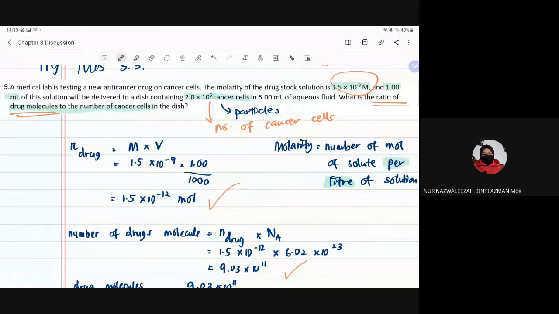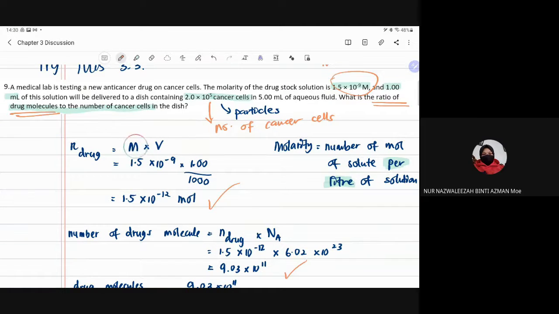So what we do is we find the number of mole of drug molecule. So nak cari number of mole of drug molecules, kita gunakan molarity dia which is 1.5 times 10 to the power of negative 9. We multiply by 1 ml divide by 1000 sebab ini dalam bentuk ml. Ini adalah formula yang melibatkan molarity.